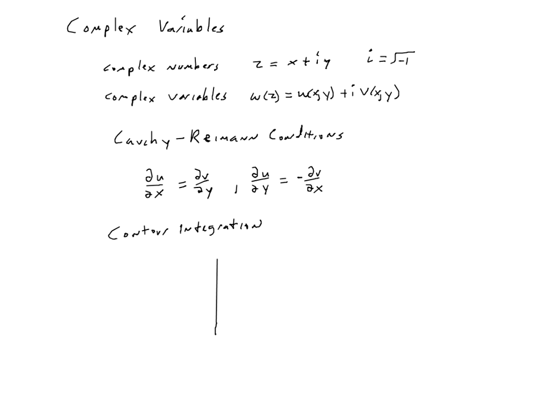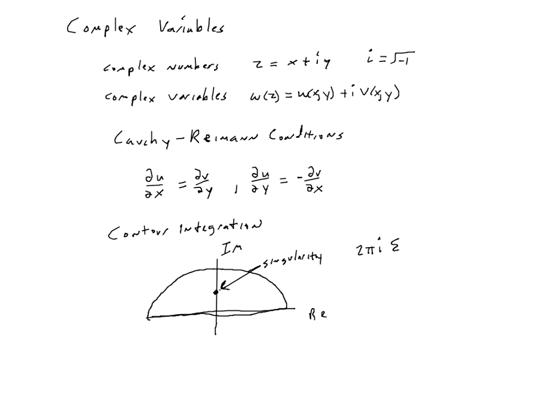Contour integration basically means that if you're integrating, and this is the complex plane, with the imaginary axis and the real axis, around a circle in this plane, going from minus infinity to plus infinity, and there is a singularity inside of this complex plane, and a singularity is basically a point where the Cauchy-Riemann conditions are not satisfied, then you get 2 pi i times the sum of the number of singularities.